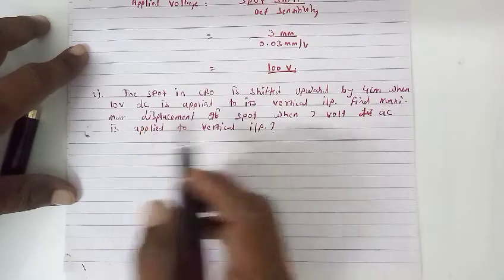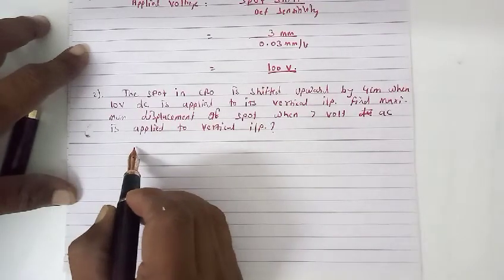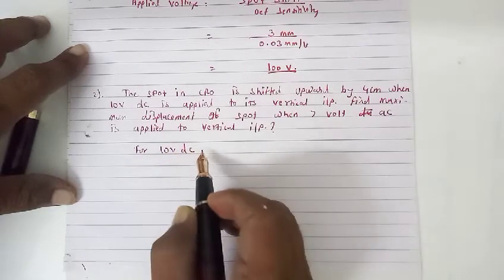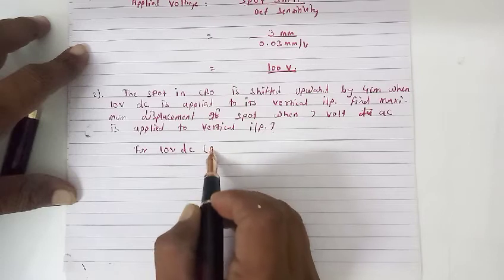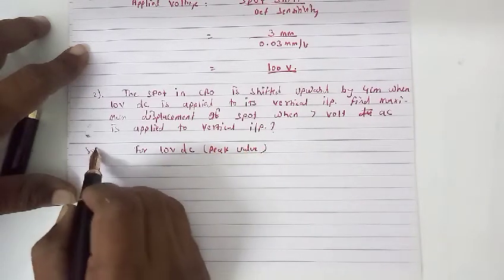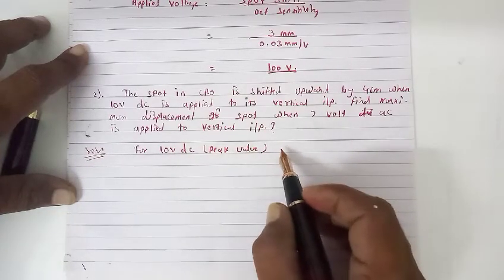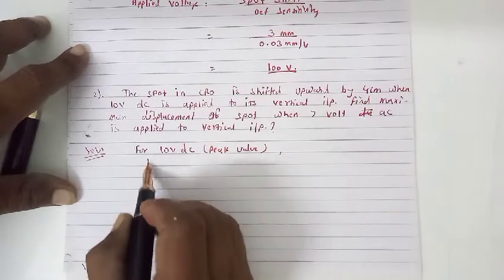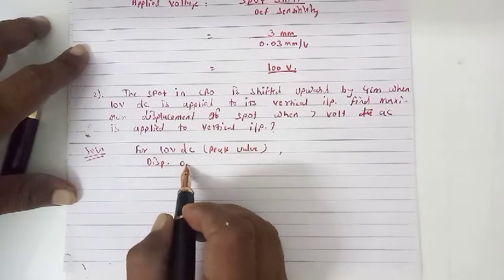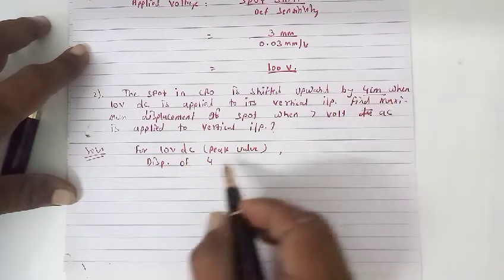For 10 volt DC, in the solution you have to write the peak value displacement of 4 centimeter.